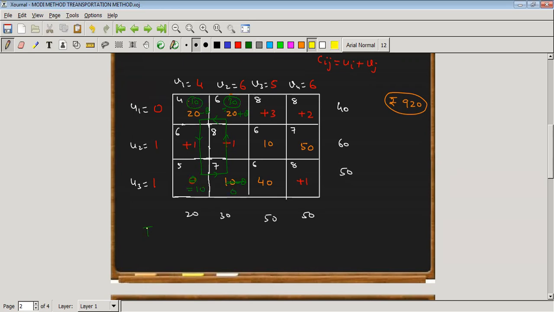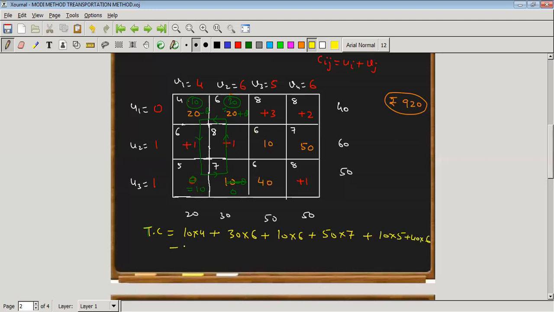We can find the transportation cost, that is 10 into 4 plus 30 into 6 plus 10 into 6 plus 50 into 7 plus 10 into 5 plus 40 into 6.